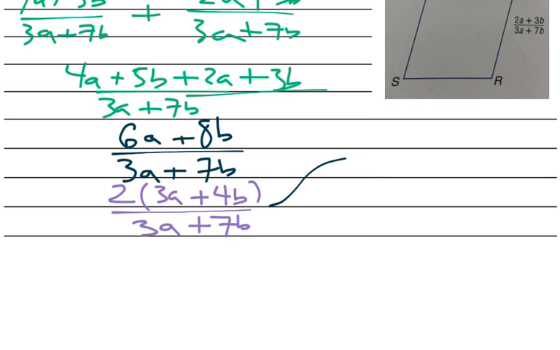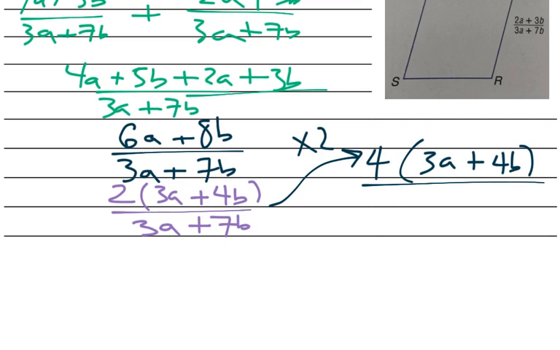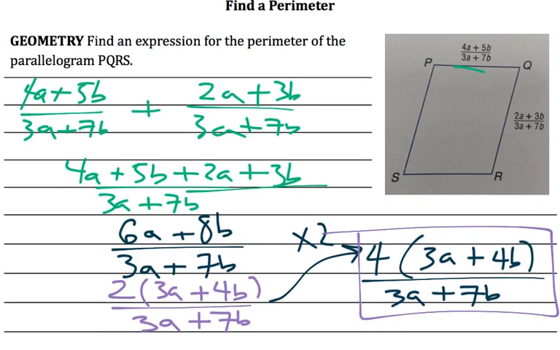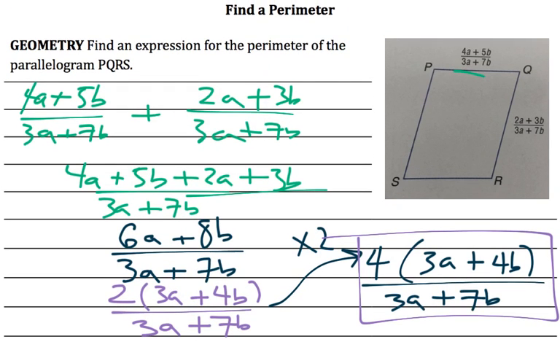So maybe like a little arrow times 2 for perimeter, and then just write 4 times the quantity 3a plus 4b over 3a plus 7b. And then we'll box that. So yeah, perimeter getting doubled because it has to take into account all of those sides.